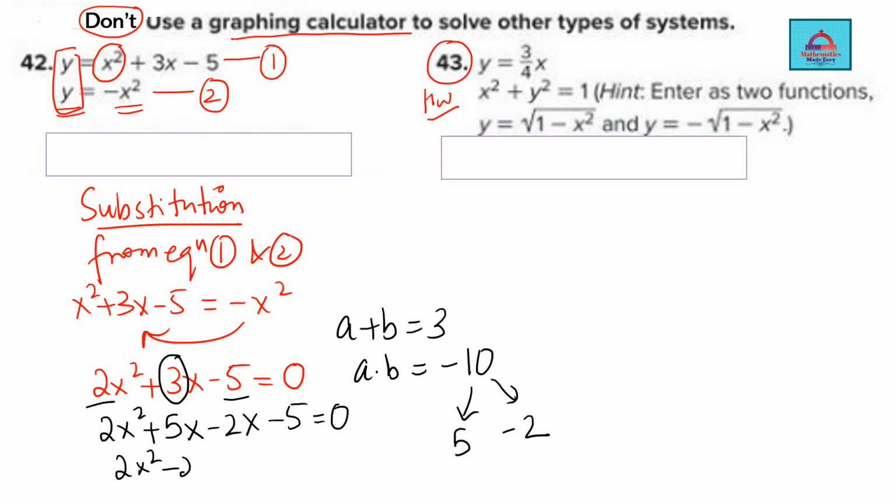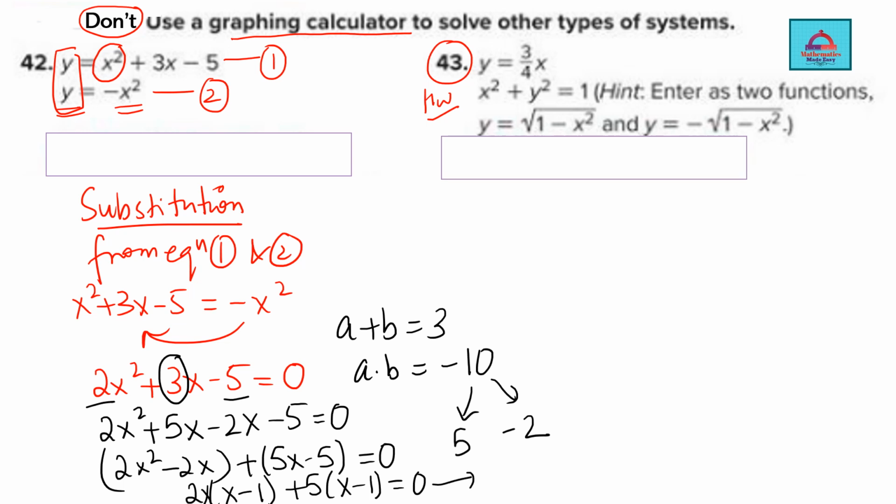So combine the like terms here with this one. Take the common factor out. So you are left with 2x is common, x minus 1. 5 is common, x minus 1. So this reduces to 2x plus 5 multiplied with x minus 1 equal to 0.